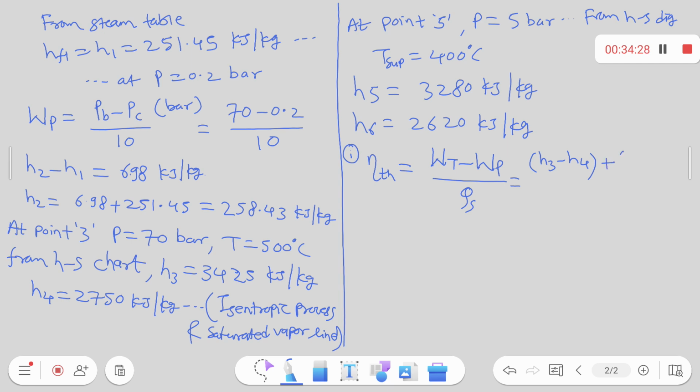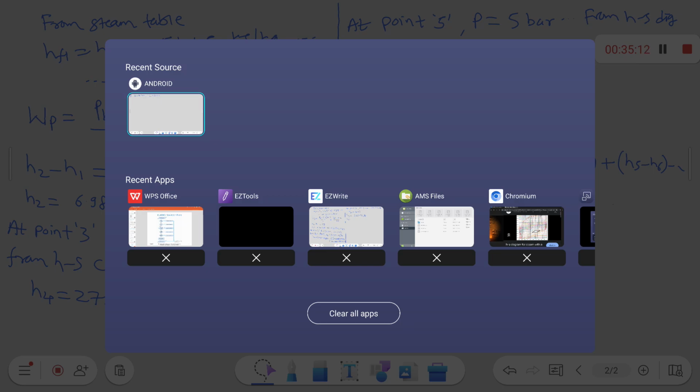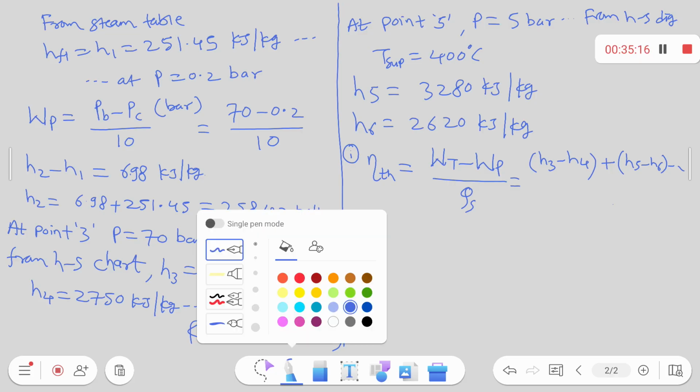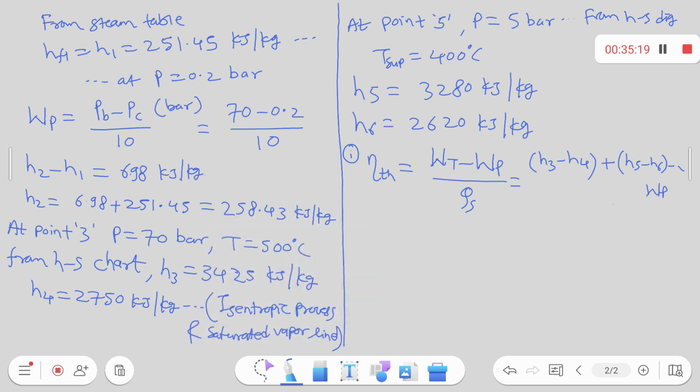Second turbine plus H5 minus H6. Add the work of both turbines, minus pump work, divided by heat supplied. What is the formula for heat supplied?